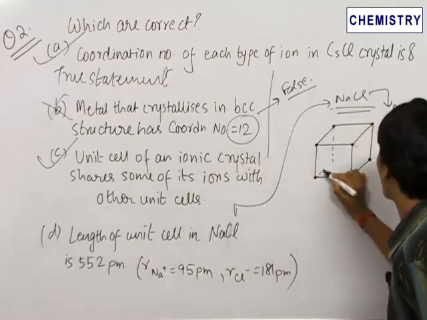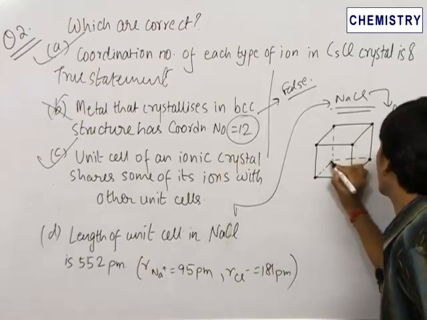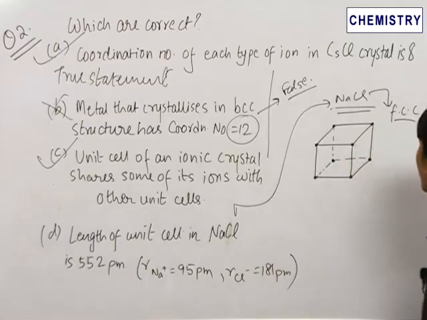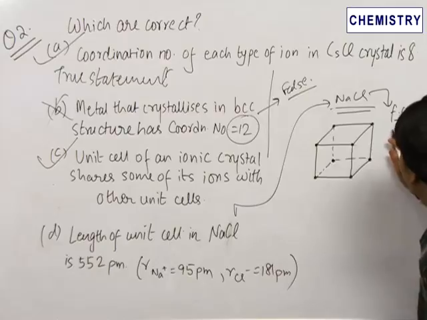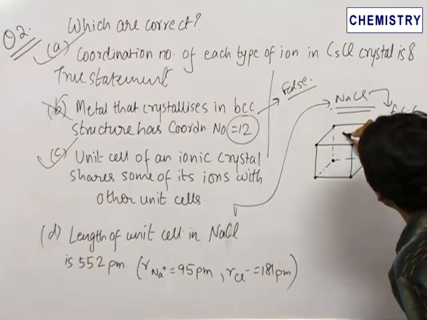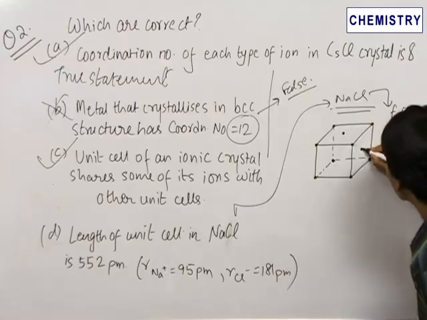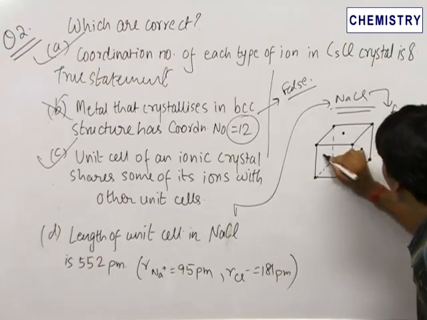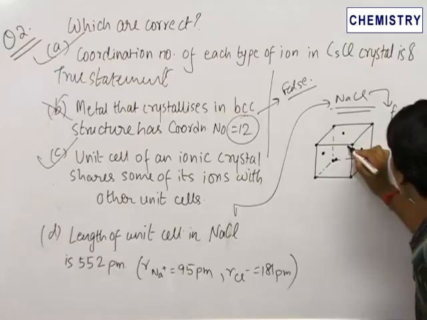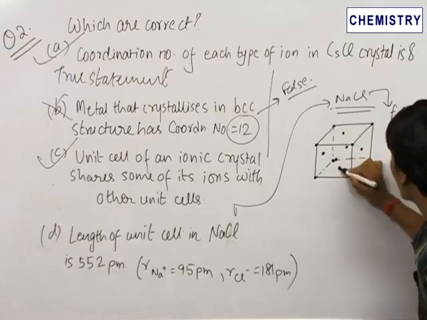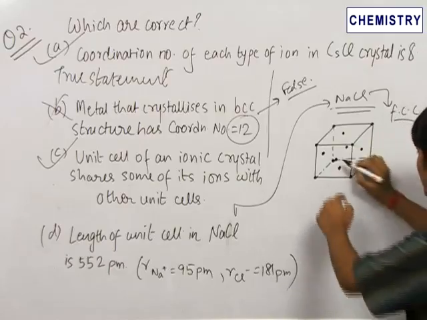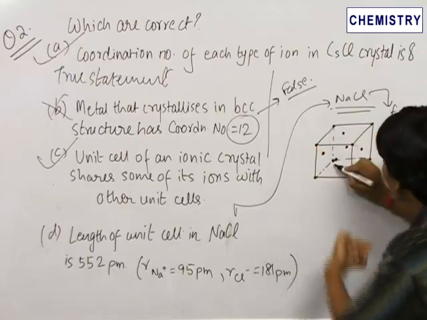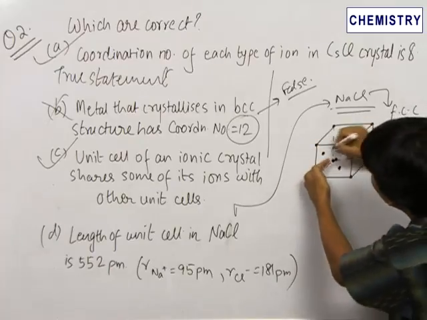There is another Cl minus ion over here. And apart from these Cl minus ions, there are also Cl minus ions on the face centers. This is the Cl minus ion on the front face.